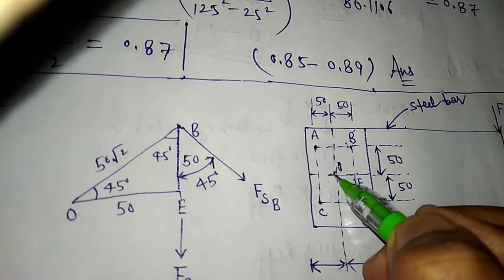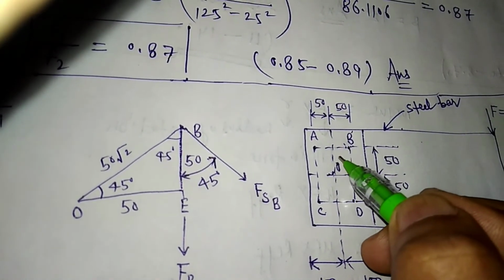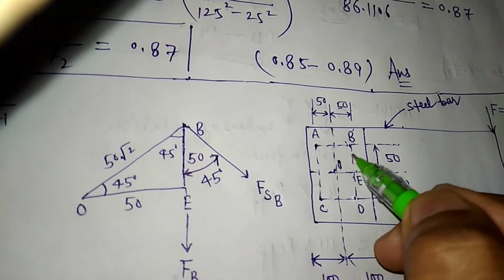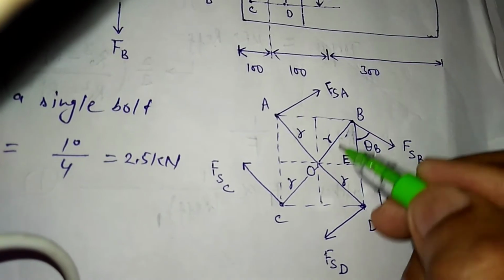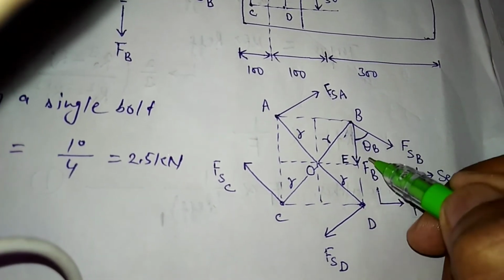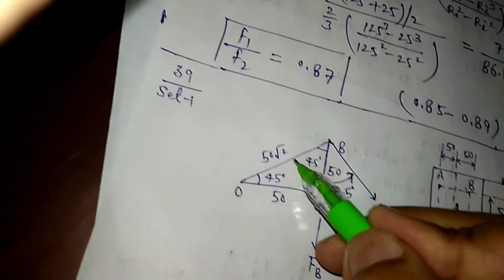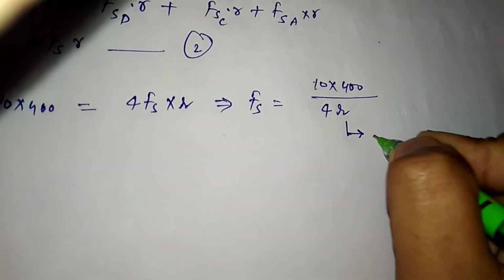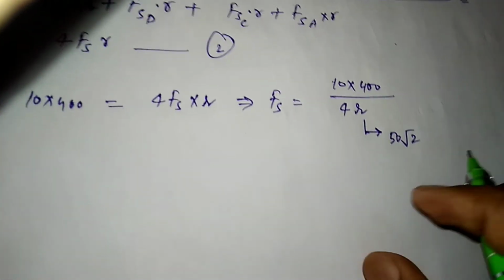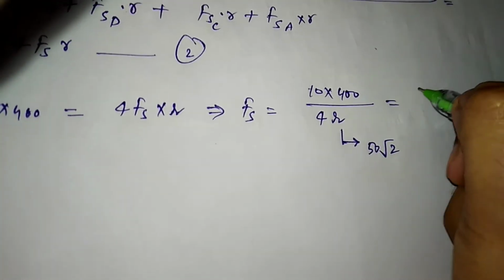So this distance OB will be equal to 50 root 2. So from here we can say R will be equal to 50 root 2.